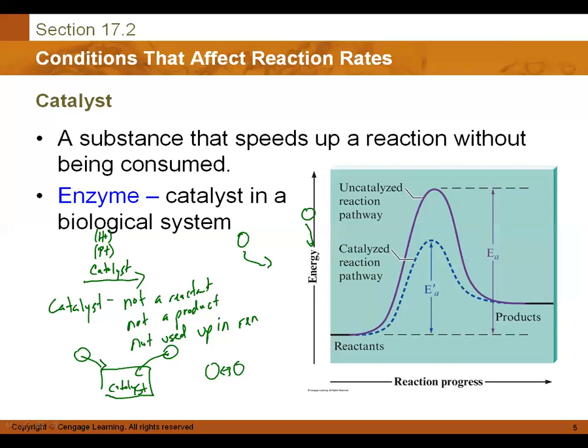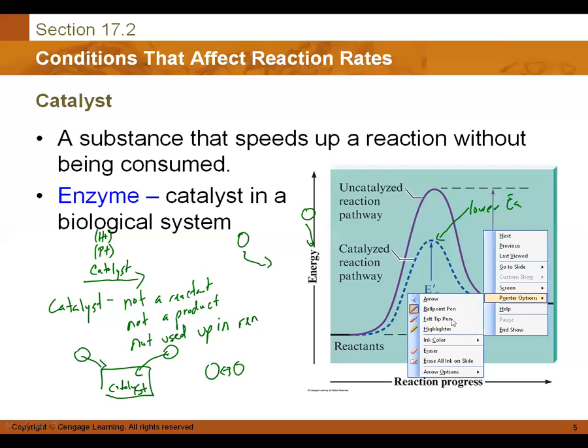It's the same idea. By finding this alternative path, what a catalyst will do is what we see here in this graph. A catalyst will lower that activation energy. And by lowering that activation energy, it will allow a greater proportion of molecules to have enough energy to get up and over to the other side.